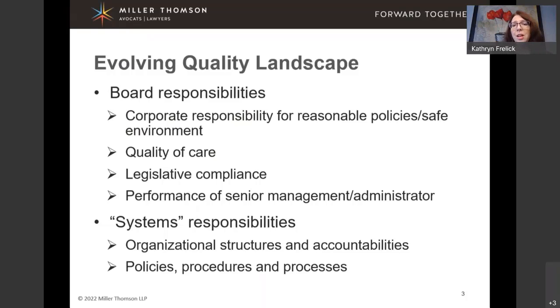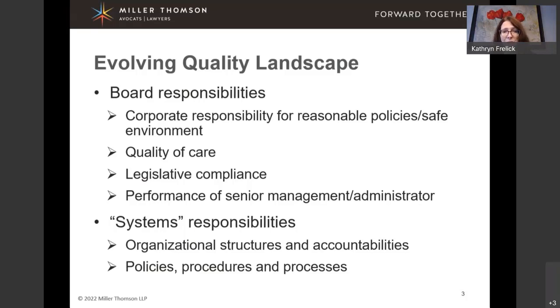When we start at the very fundamentals, I think it's always important to start at the top and what the responsibilities are at the corporate level. For boards of directors, there is a corporate responsibility to ensure that there are reasonable policies and a safe environment. There's a responsibility for overall quality of care, legislative compliance, as well as the performance of the senior team.